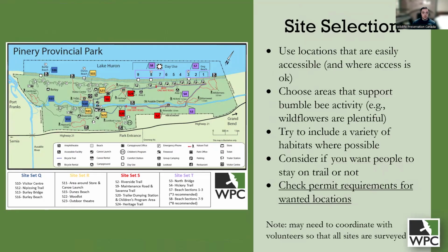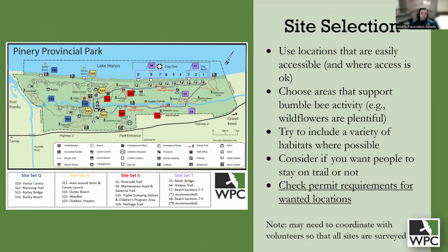I've touched on this briefly, but we can think about this as a hierarchy of needs when it comes to our site selection. So at the very bottom of that hierarchy, the most important consideration when it comes to site selection is ensuring that locations are easily accessible and where access is permitted, which might have considerations for a potential permit.